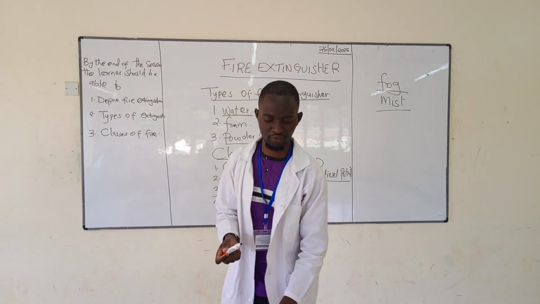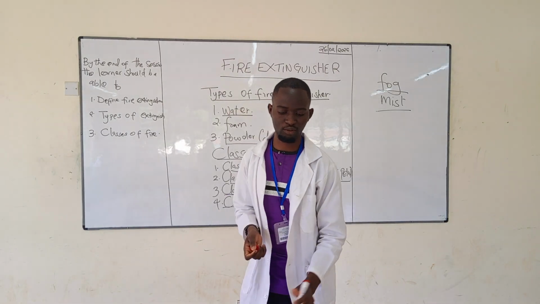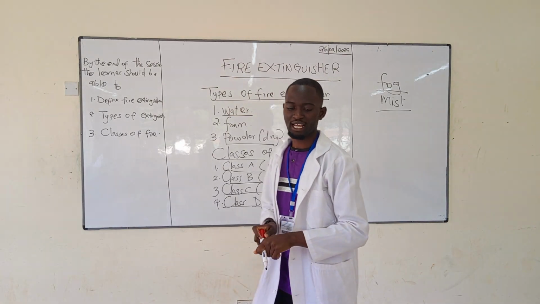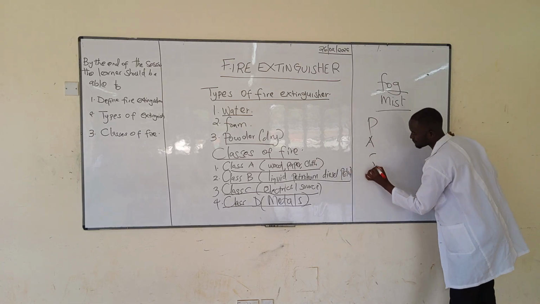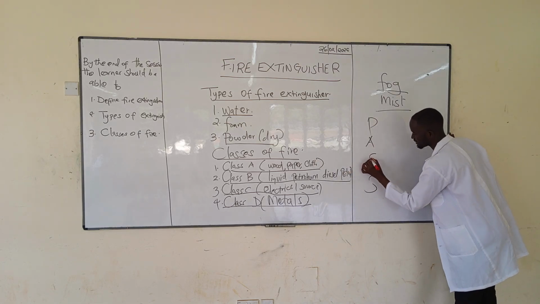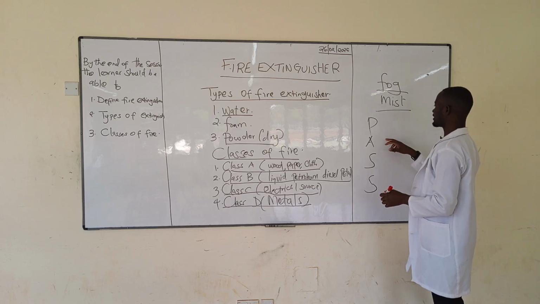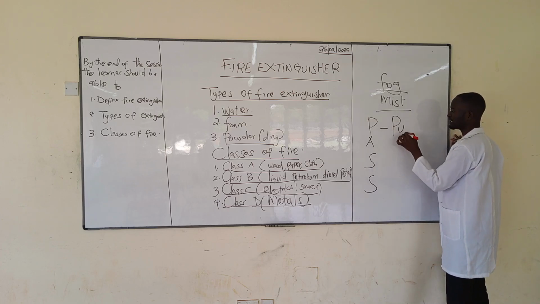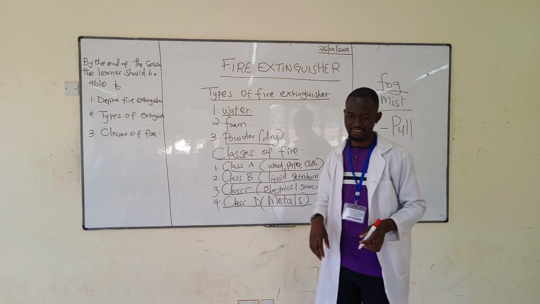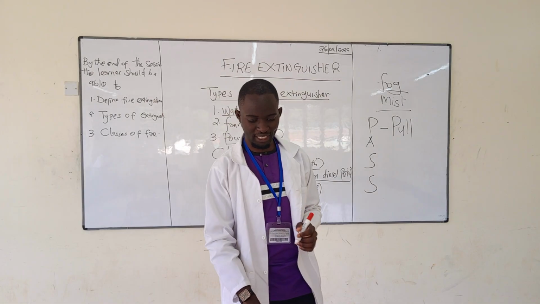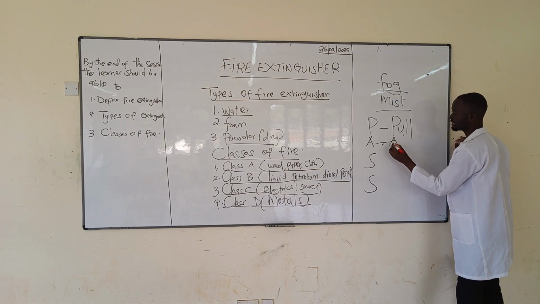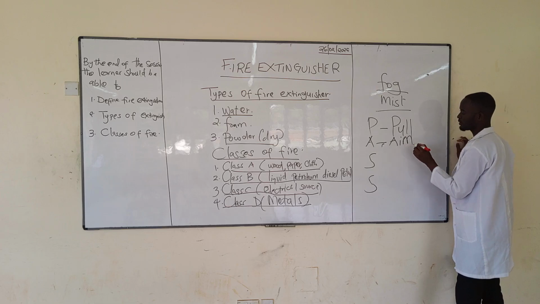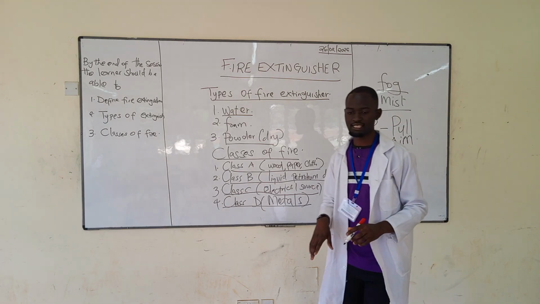Now, before we finish up, there is a way of using a fire extinguisher, and we have something called PASS. P stands for pull: you pull the pin. Then the letter A stands for aim: you aim where the fire is.